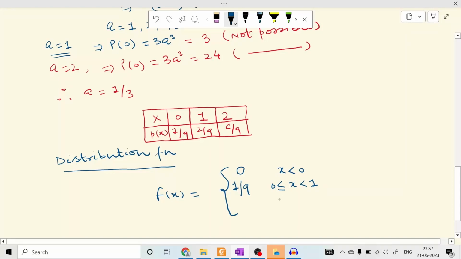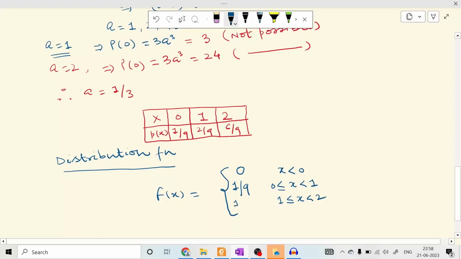Now the next is x greater than or equal to 1 and less than 2. For this you can see that we have to add all the probabilities available till 2, where 2 is not included here. So when you are in this interval, you have already covered x is equal to 0.